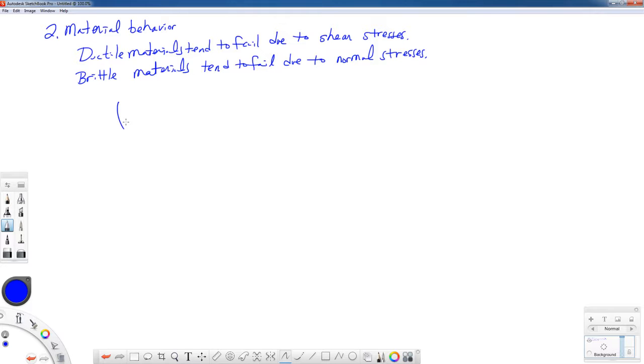The failure surface for a bar in torsion: since the maximum shearing stresses occur at this angle, the failure surface will be straight up and down due to this cutting action of the shearing stress.